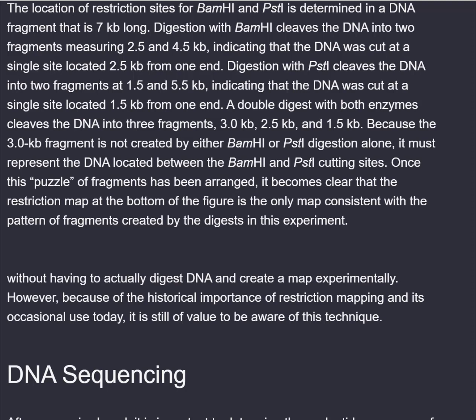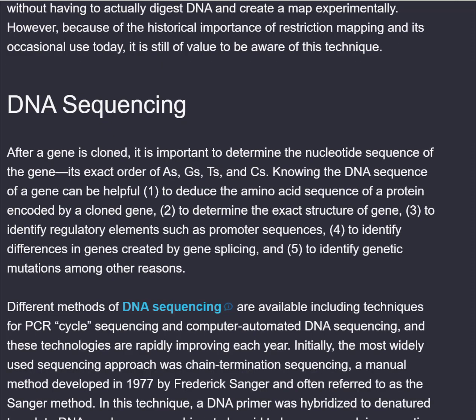Once this puzzle of fragments has been arranged, it becomes clear that the restriction map at the bottom of the figure is the only map consistent with the pattern of fragments created by the digests in this experiment, without having to actually digest DNA and create a map experimentally. However, because of the historical importance of restriction mapping and its occasional use today, it is still of value to be aware of this technique.